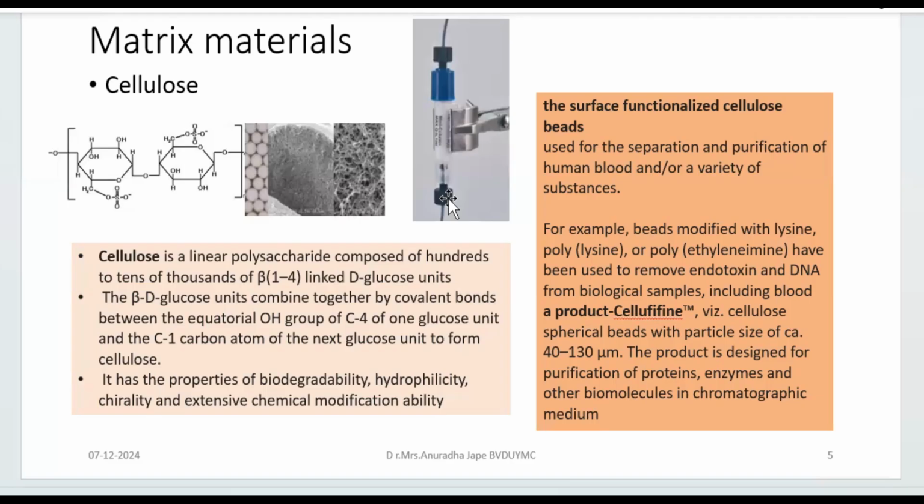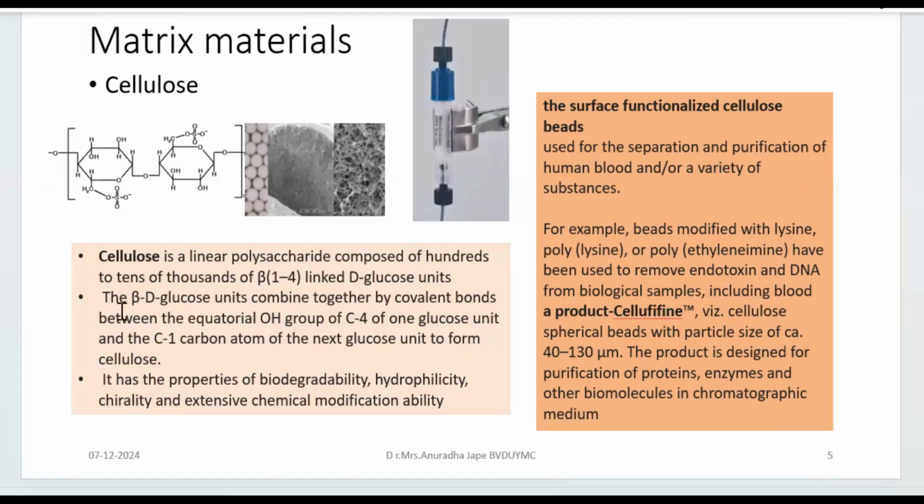So if you have a blood sample and if you want to retain specific DNA, then you can go with these kinds of modifications. So selectivity is the essence of the bead that is going to selectively separate out the desired analyte. So this is an overview of one of the matrix materials that is used in the column preparation, right?